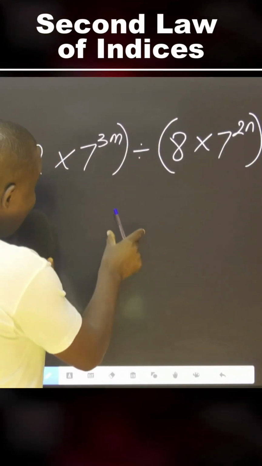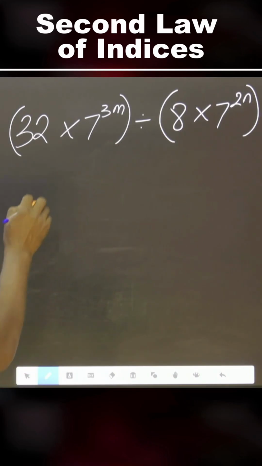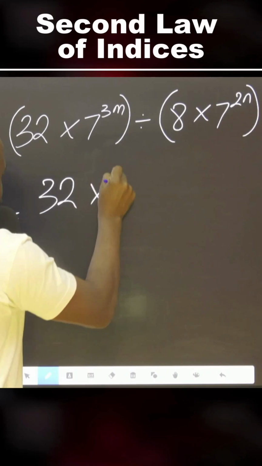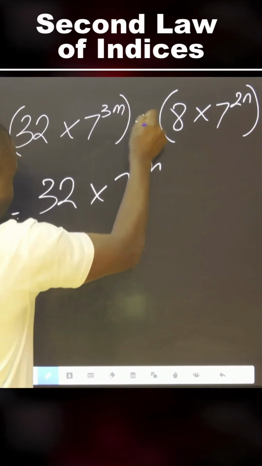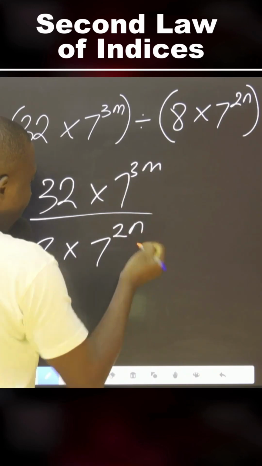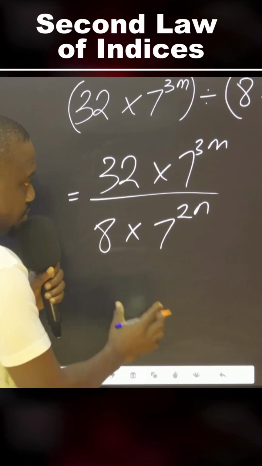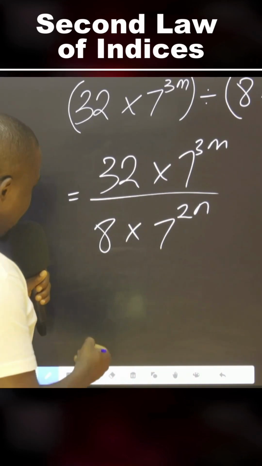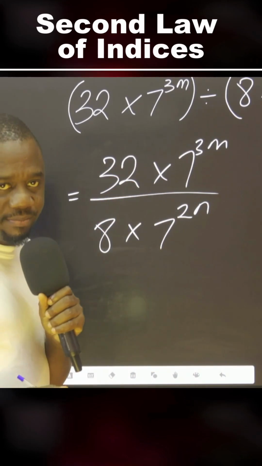Finally, let's look at this. Don't worry yourself. If I see division here, I will simply rearrange it the way it will be easier for me to do. This also means over. Okay? No issue. All you have to do now, 32 divided by 8 is what?